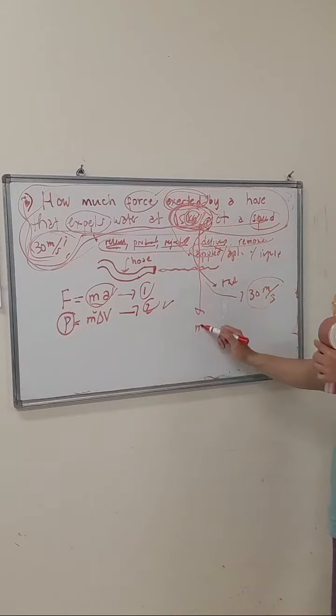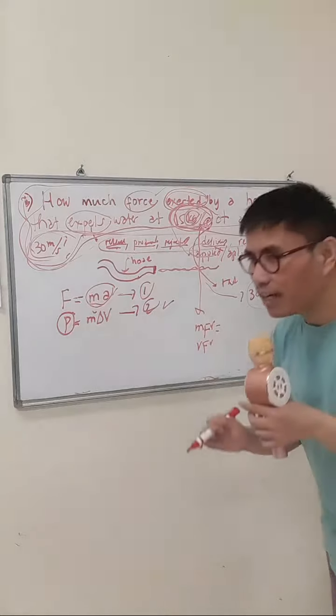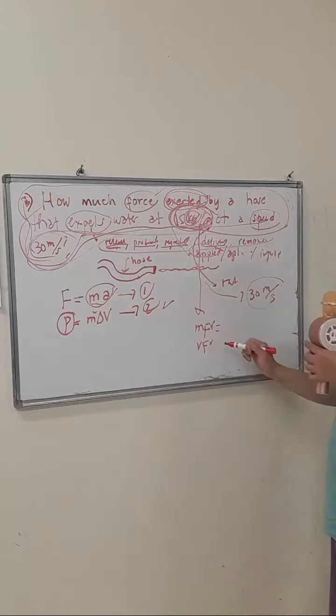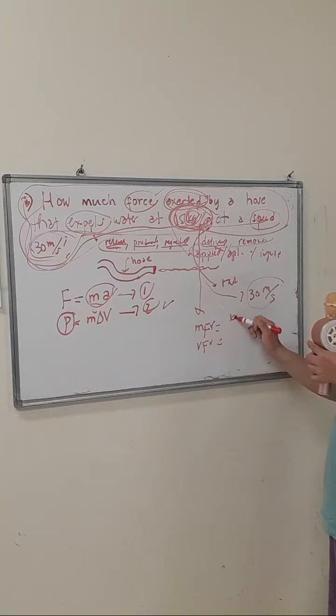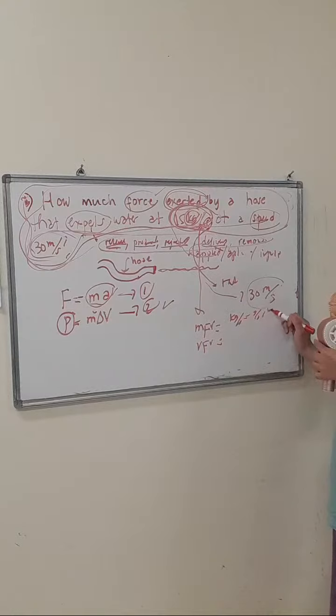Okay, MFR, mass flow rate. We also have VFR, volumetric flow rate. Okay, the mass flow rate can be kilogram per second, gram per second, pound per second, then kilogram per minute, gram per minute, like that.